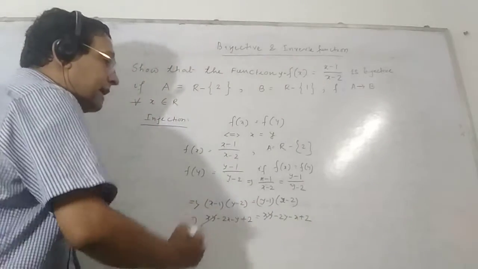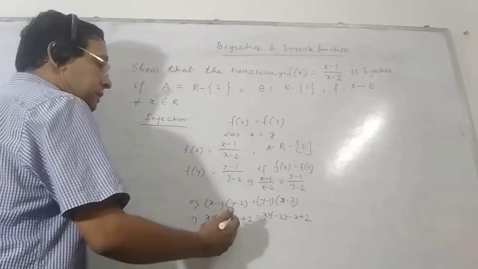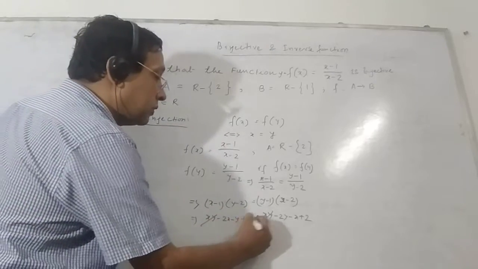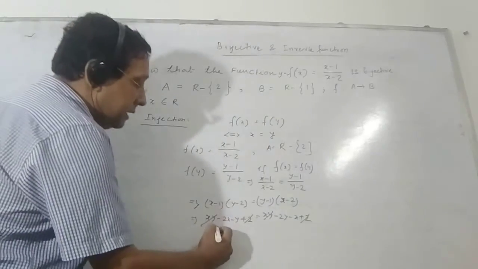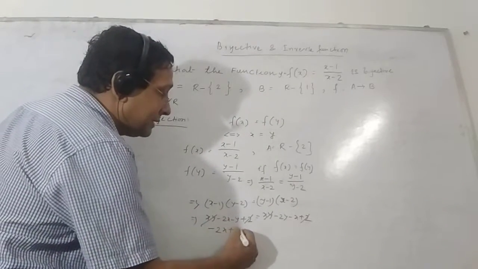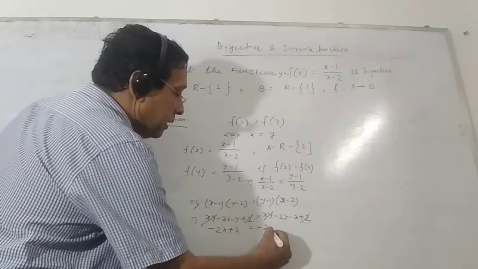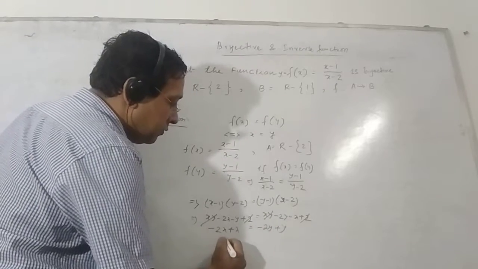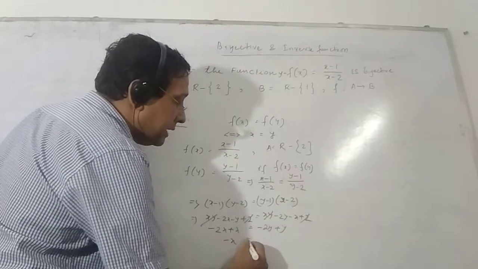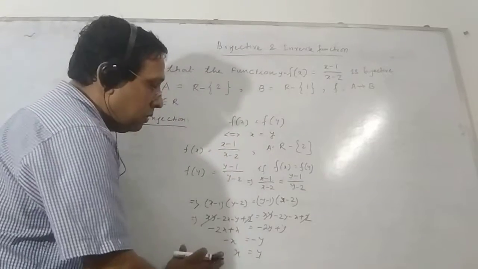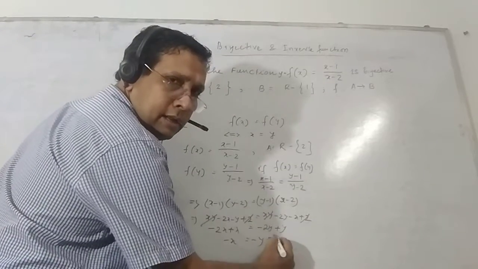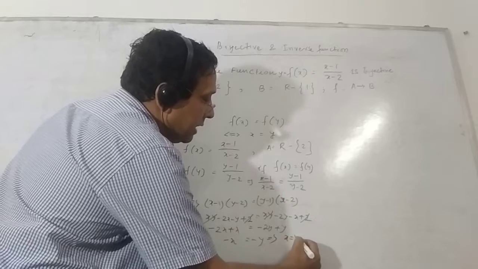So xy gets cancelled, and this 2 also cancelled, and if you transpose, this will be minus 2x plus x, and here minus 2y plus y. So finally we got minus x is equal to minus y, and this implies x is equal to y.